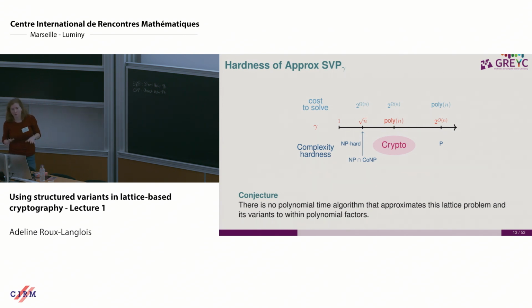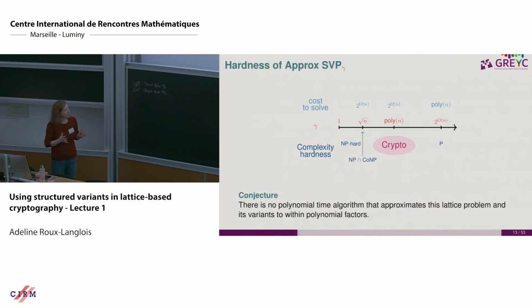So all lattice-based cryptography relies on a conjecture, but like all cryptography, and it's not only lattice-based, but this one is the one for lattice-based crypto. You need a conjecture, and it says that there is no polynomial time algorithm that approximates this lattice problem or their variants, because there are many variants, with polynomial factors.